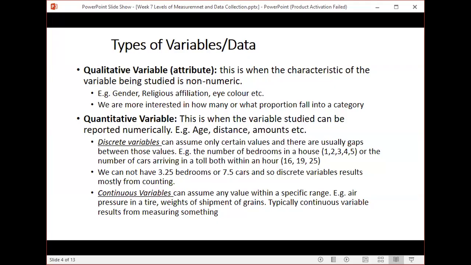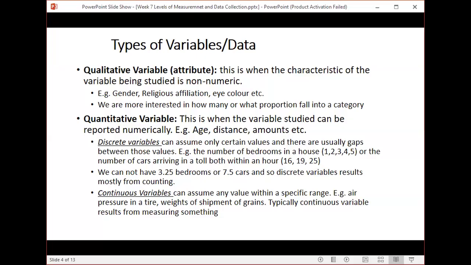They are not numbers. You cannot find the mean of eye color among students. You can't do that. Or find the mean of religious affiliation. You can't find that. Once you can't do this sort of mathematics, basic mean, median, mode, on a variable, that variable is a qualitative variable.